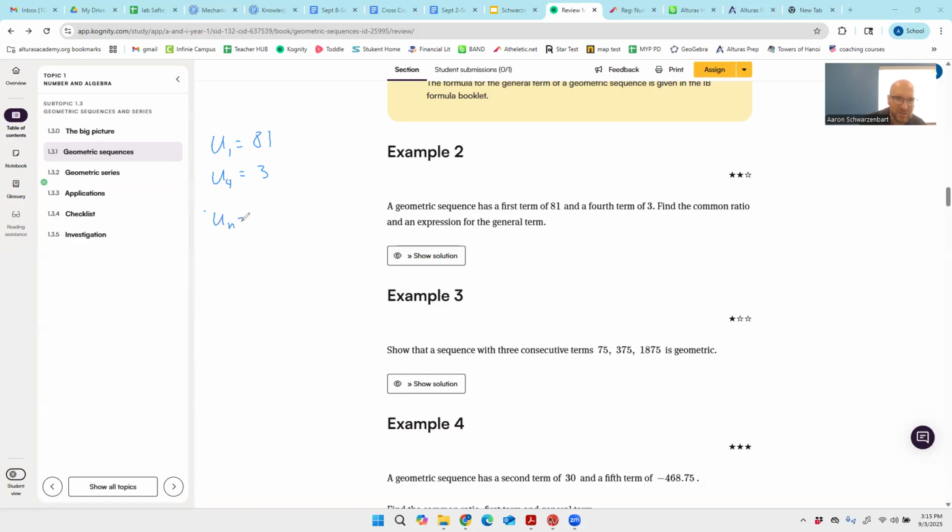This was the formula. U sub 4 is equal to 3, u1 was 81, my ratio is unknown. It's my fourth term.